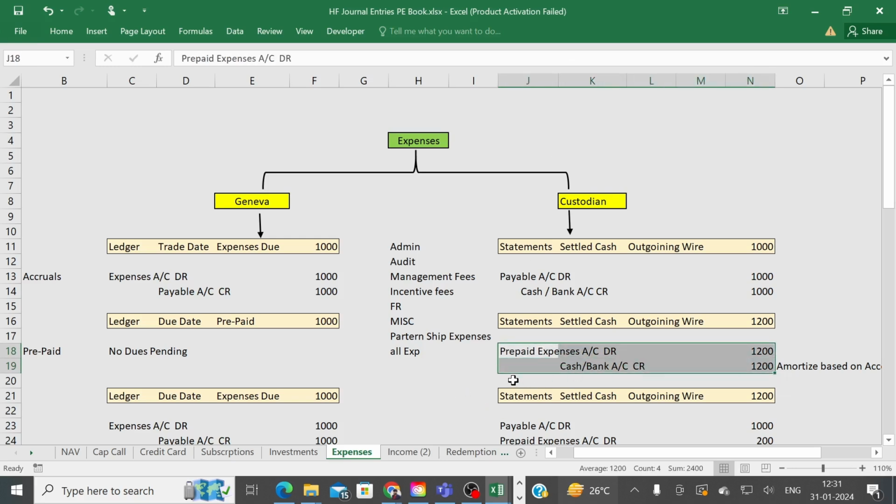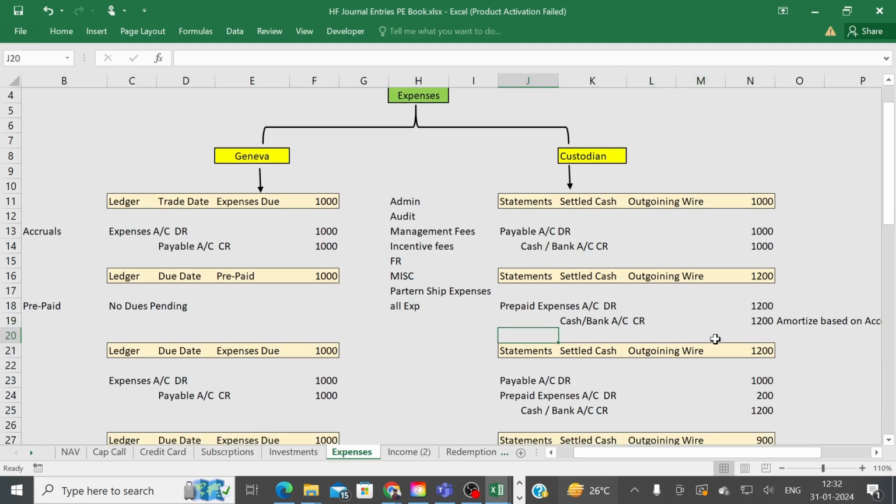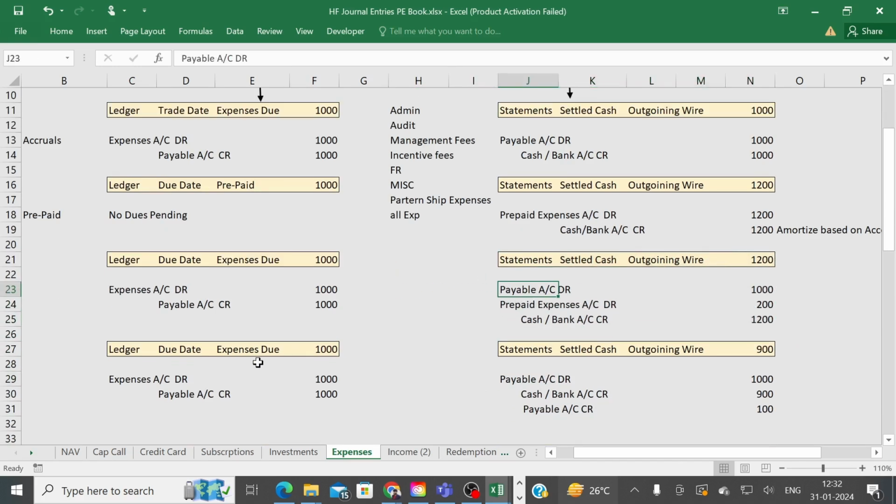You record them in the books of account as a prepaid expense and set up the schedule, every month, quarter or year, depending on your schedule. Accordingly, you can amortize the payment that you have recorded in the books of account. So in case of prepaid expenses, your entry would be prepaid expense account debit to cash and bank account credit. We'll discuss in detail shortly how the schedule looks and how we record the entries.